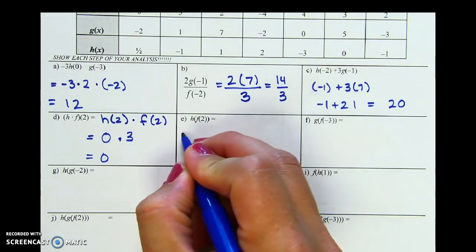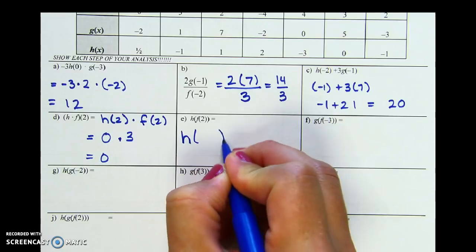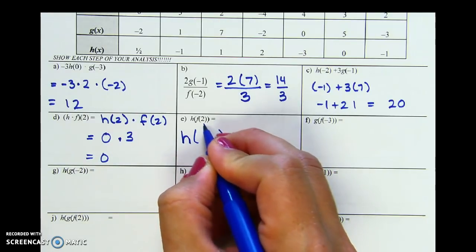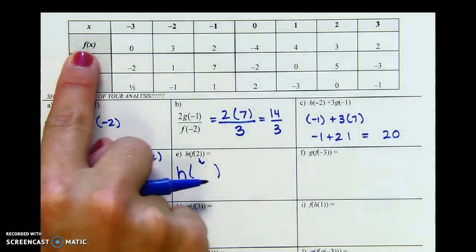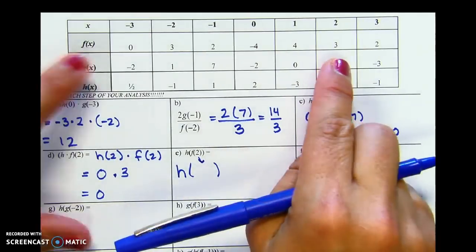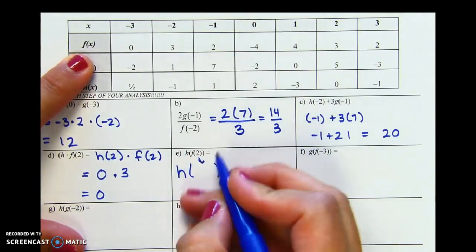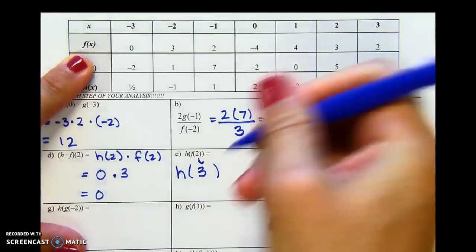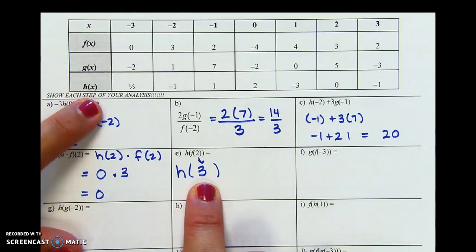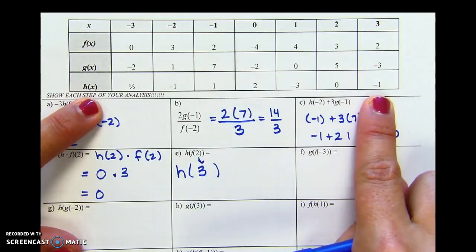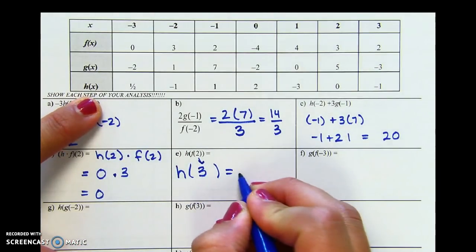So this will become h of, what is f of 2? F of 2 is 3. So 3 is the output for f, but now 3 becomes the input for h. So now find h of 3. That's your answer. Isn't that fun?